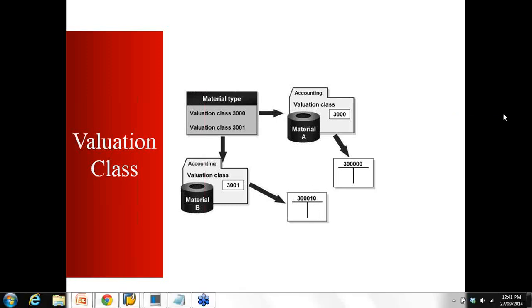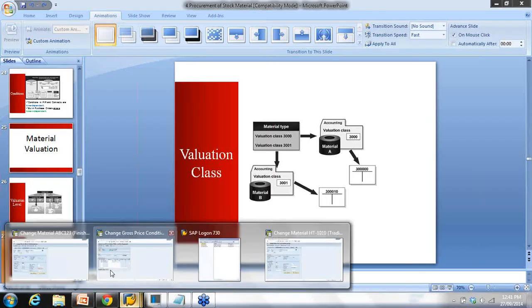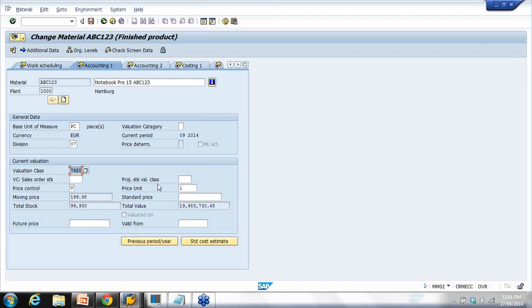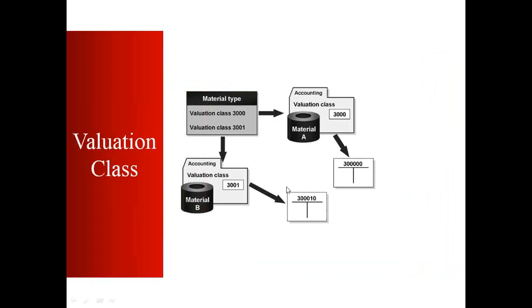Okay, so that's the purpose of the valuation class. That's why we maintain the classes for all the materials, so that the system knows that because of this class, it has to link to this general ledger account, for the valuation purpose.